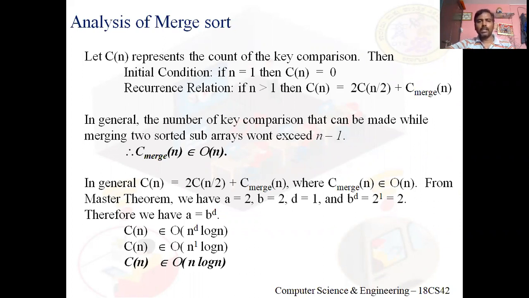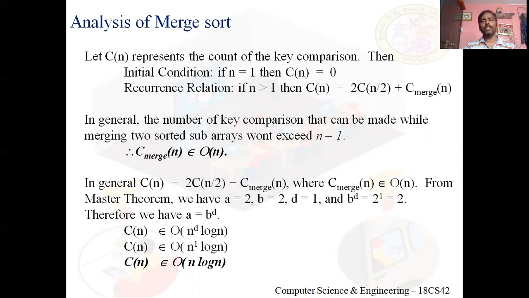You will see that while merging, there won't be more than n-1 comparisons. It won't exceed n-1 comparisons. Got it? Maximum n-1 comparisons in case of merge. So merge maximum means upper bound. So for merging, C merge of n is nothing but big O of n.